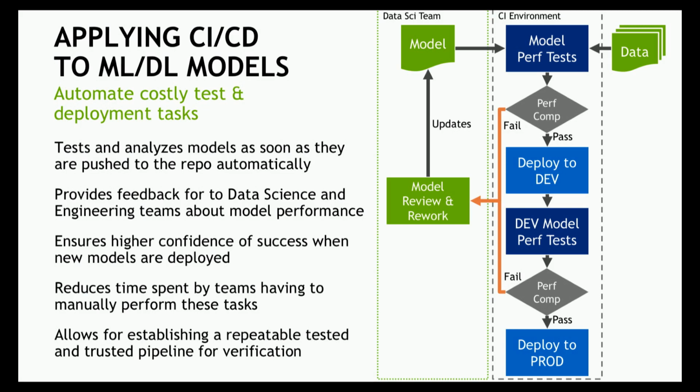By those two teams working together, you can get a repeatable, tested and trusted pipeline for verification. So it's not just a one-off that happens at the end of every sprint, where you're hoping that the end of this sprint is the same as the last one. That's definitely a huge deal when you're trying to have consistent and better performance.